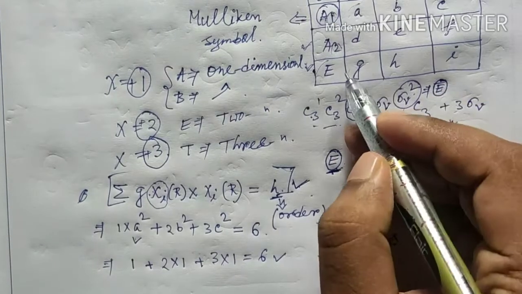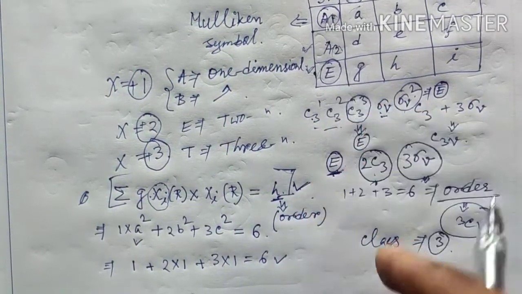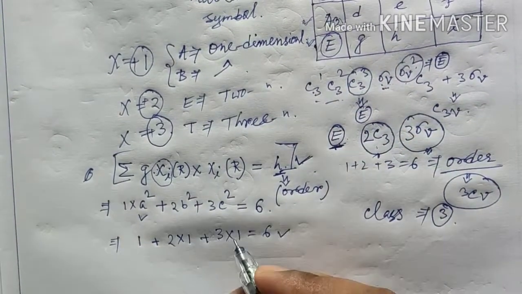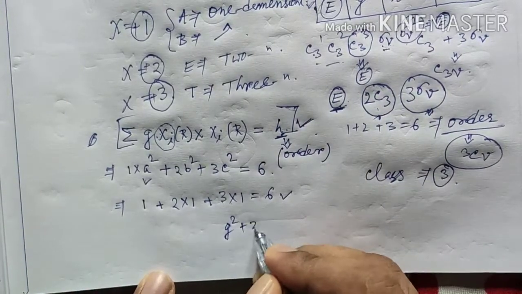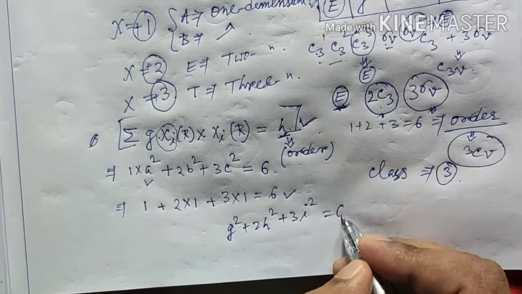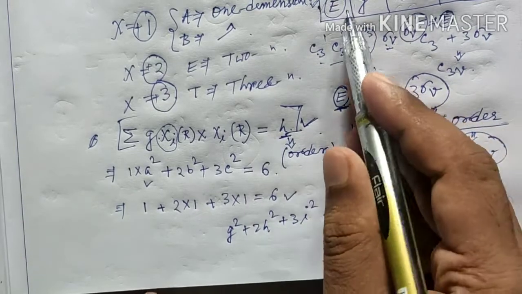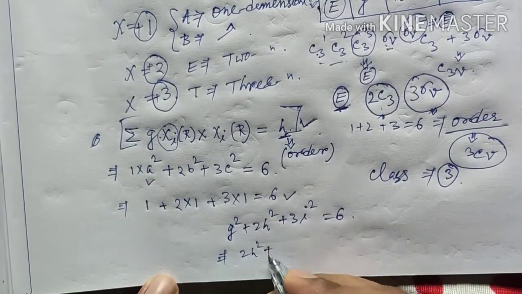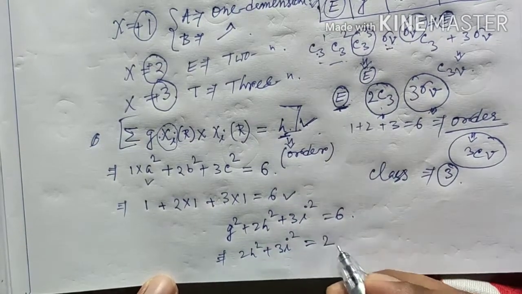But if you want to calculate the character corresponding to the E irreducible representation, then the scenario will be different, since in this case it will be g square plus 2h square plus 3i square equal to 6. Now the value of g square is 4, since it is a two dimensional matrix, so you will get 2h square plus 3i square is equal to 6 minus 4, that is 2.